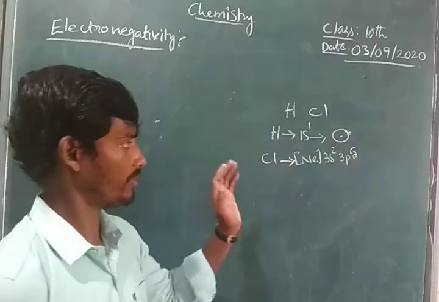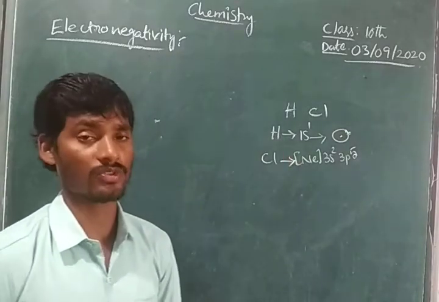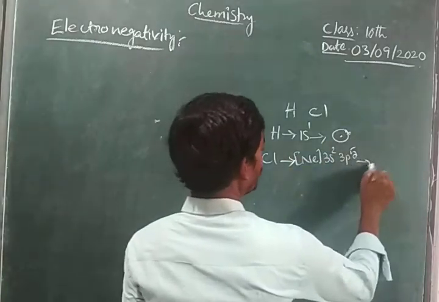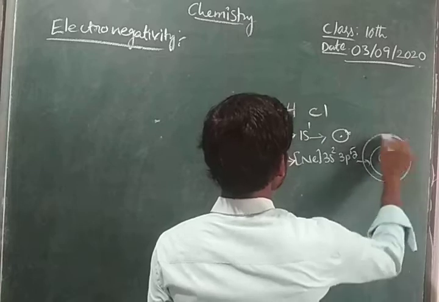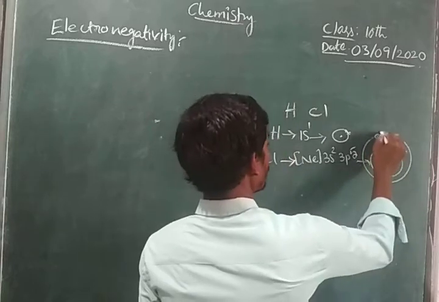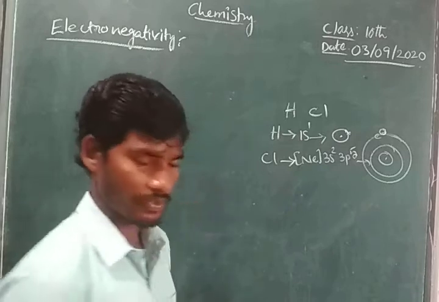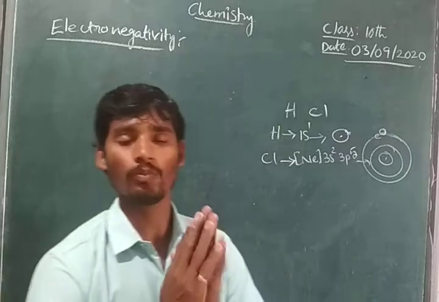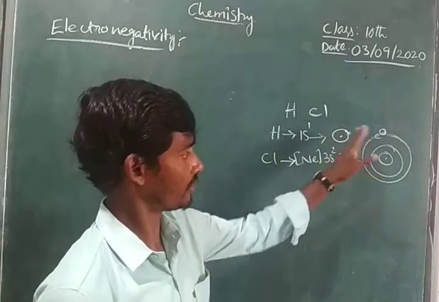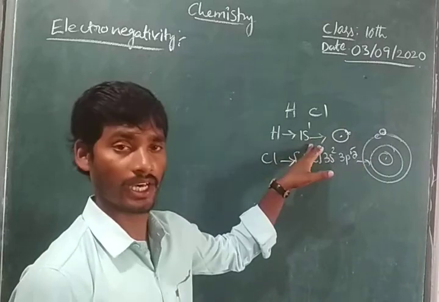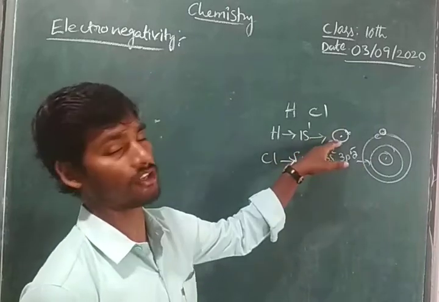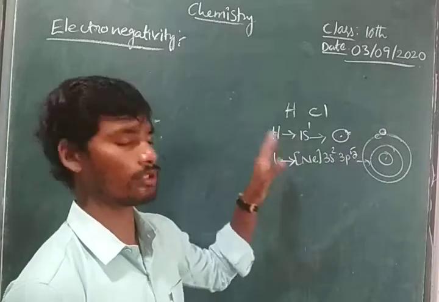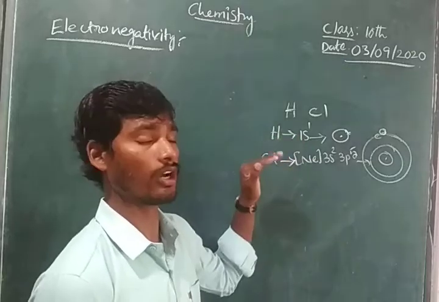If hydrogen gives 1 electron to chlorine, there are no electrons left at hydrogen. If chlorine gives 1 electron to hydrogen, chlorine has fewer electrons.